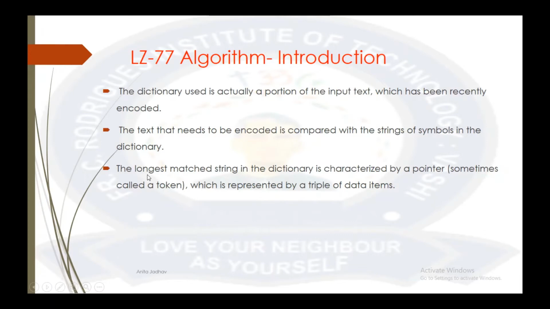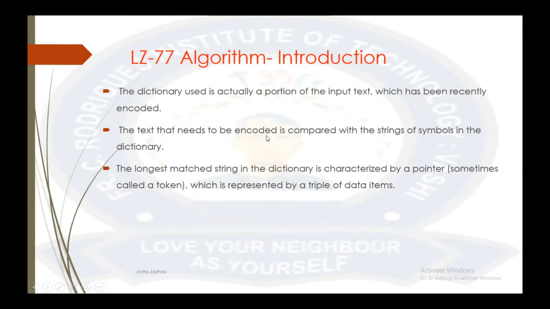Here, what are you doing? The longest matched string in the dictionary is characterized by a pointer, which is represented by a triple of data items. So LZ77 gives you output in 3 parameters. One of the parameters is the longest matched string. When I check my input value in the dictionary, I will try to find the longest match.